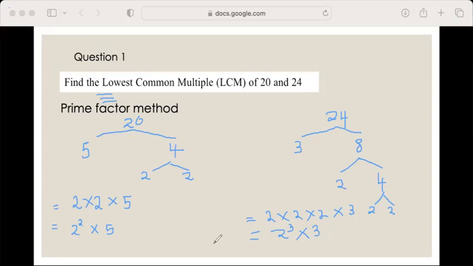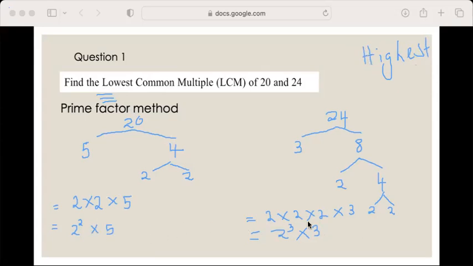These are factors, 2, 3, all of these are factors. You must take the highest of these factors. So keep that in mind. When you want to find the lowest common multiple, you need to take the highest of the factors.